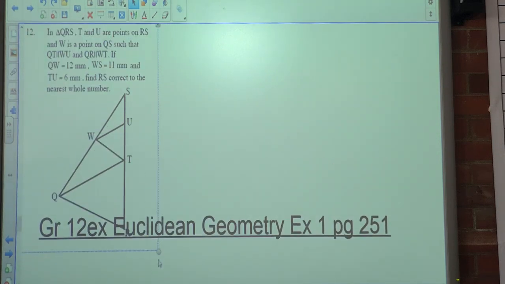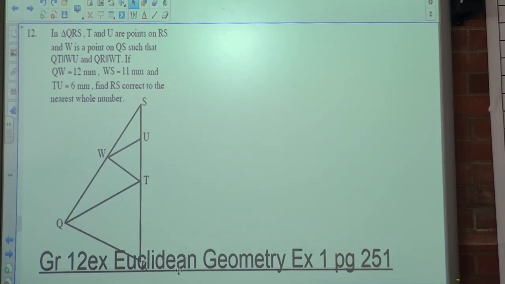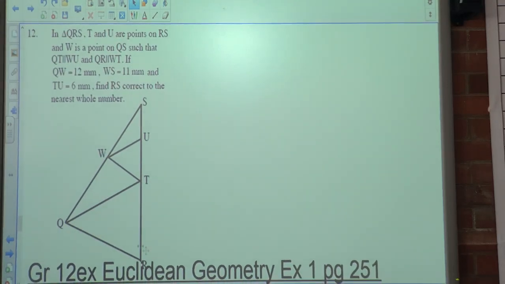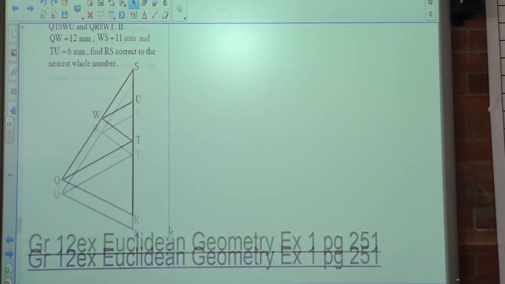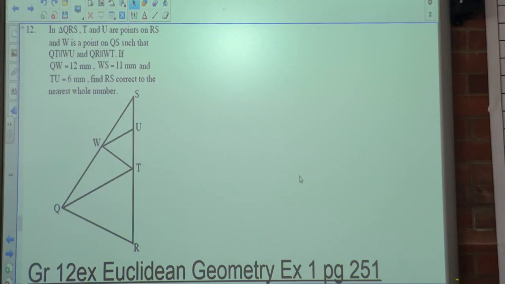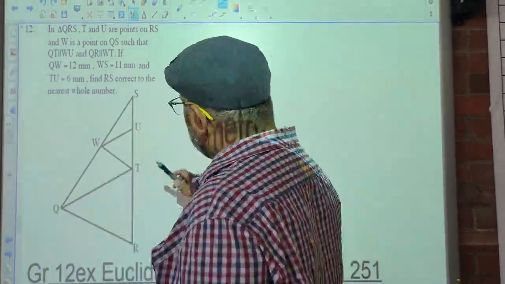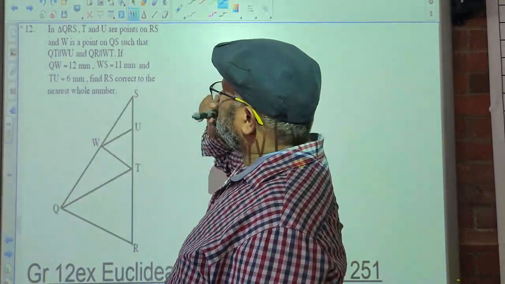Right, let's look at number 12. We have triangle QRS.